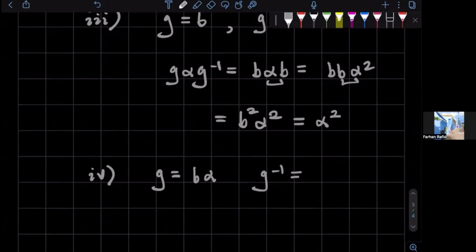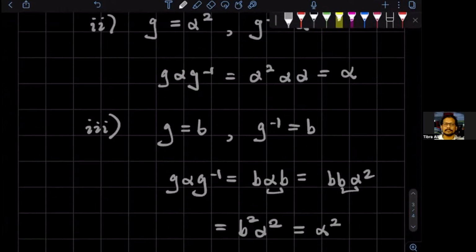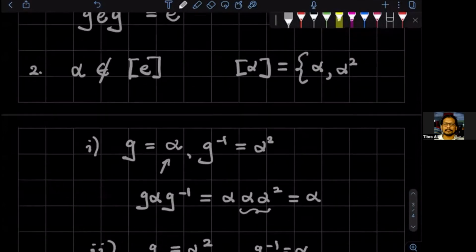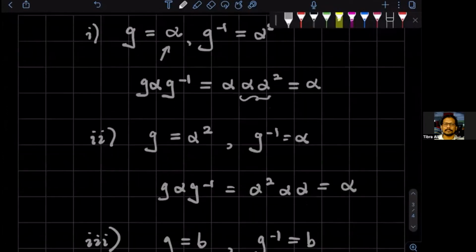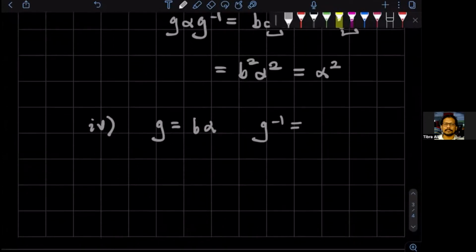Alpha squared B. Yeah, I mean, you can write these things in many different ways using this commutation relationship, right? So this is basically that non-commutation relationship. It is just a reflected version of a rotation, so that should be equal to this, right? That's how you get it, right?